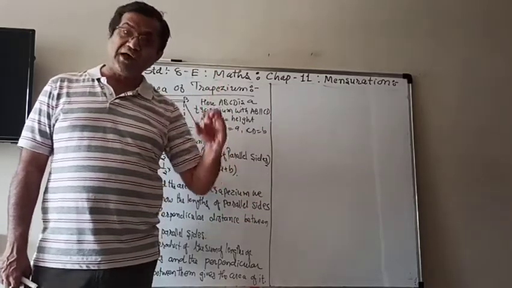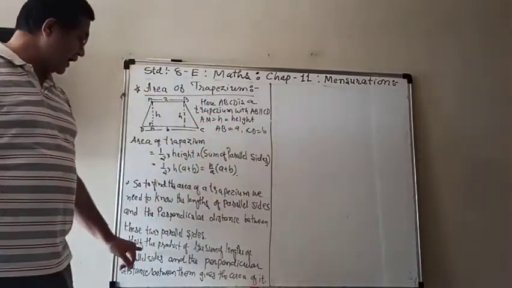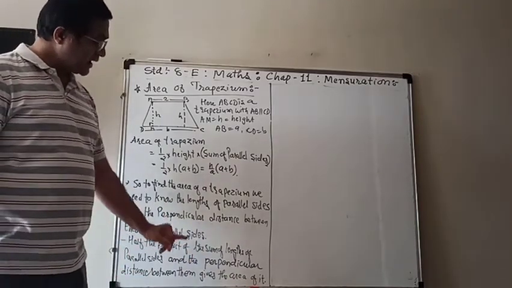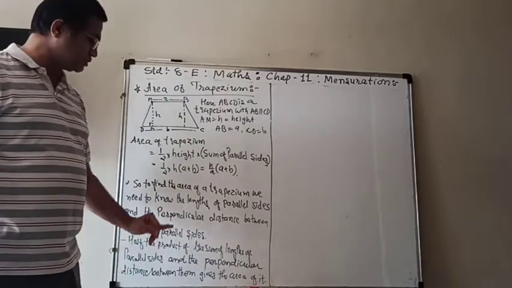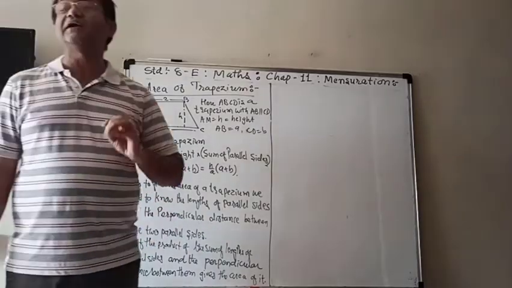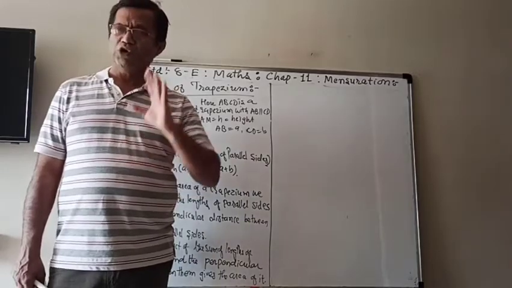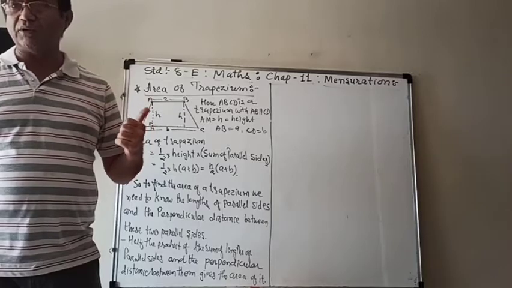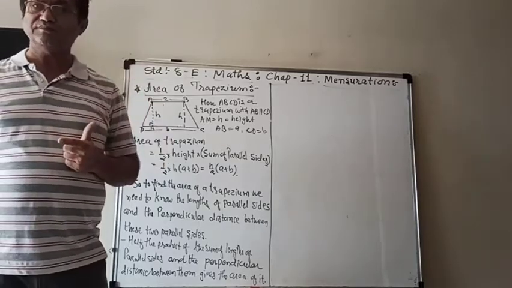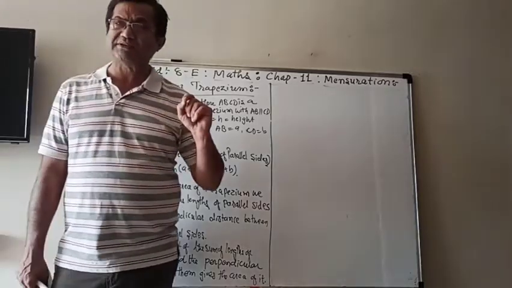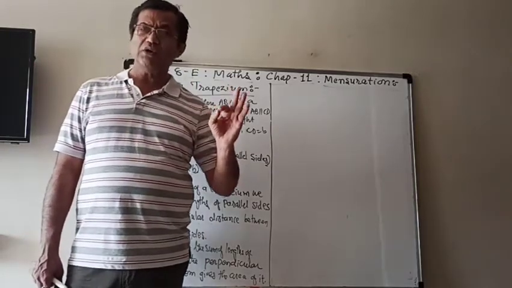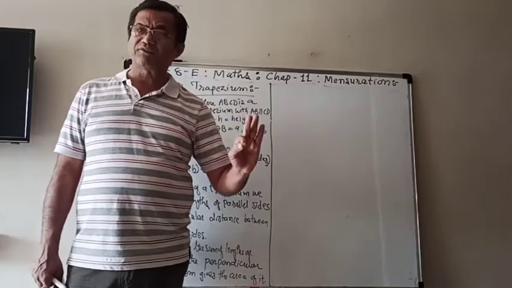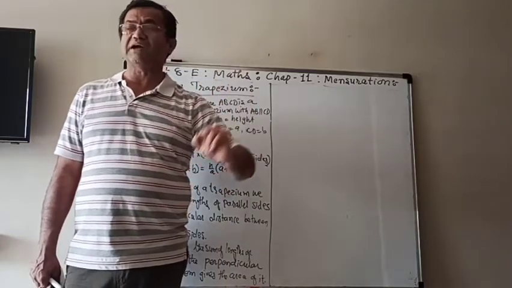So when you find it, half the product of the sum of lengths of parallel sides and the perpendicular distance between them gives the area of it. I hope it is clear in your mind. You have to remember this formula for future use also: area of trapezium is equal to 1 by 2 multiplied by height into bracket sum of its parallel sides.